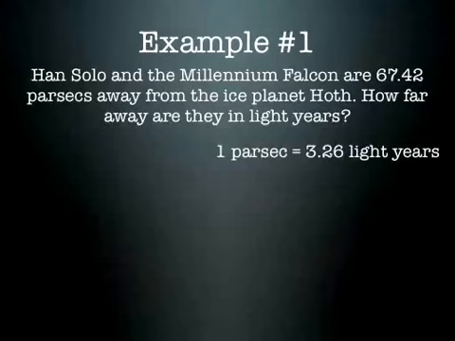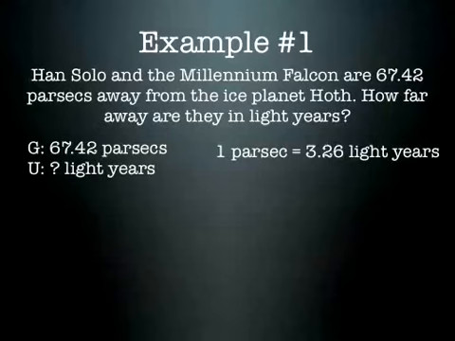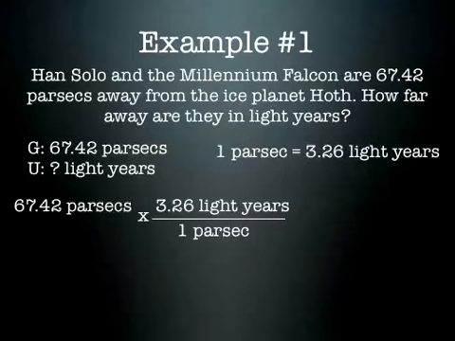So once I know that relationship, this should be a fairly straightforward unit conversion because we know what we're given. We're given 67.42 parsecs and we know where we want to be as far as the number of light years is concerned. So we start out by writing 67.42 parsecs, and then using our relationship on the right hand side, we want to get rid of parsecs, so parsecs is going to go in the denominator of our fraction, and 3.26 light years is going to go in the top.